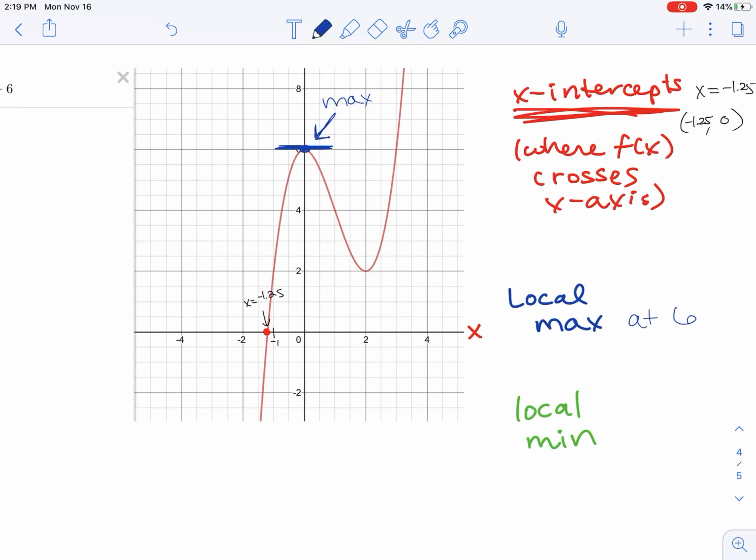Whenever we talk about a maximum or minimum, we're talking about the y value, which in this case is 6. And then we say, actually, instead of at, we say of, pardon me. We have a local max of 6 at x equals 0. So when x is 0, y is 6 at the maximum, and that is how we write it.